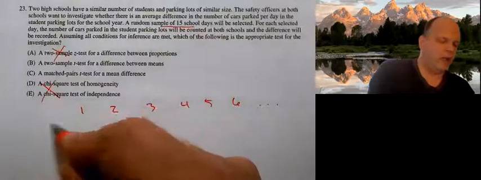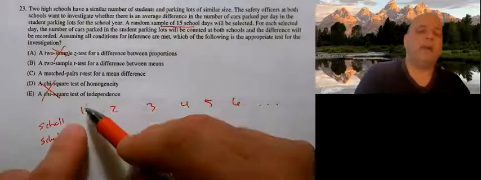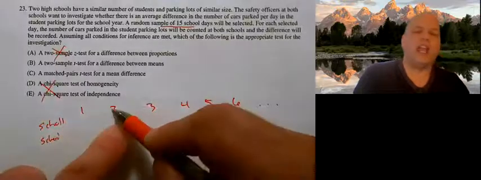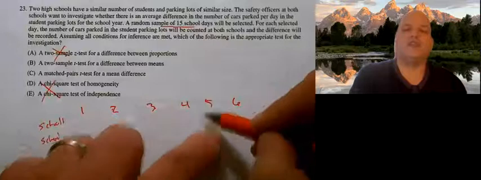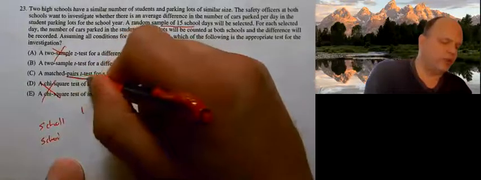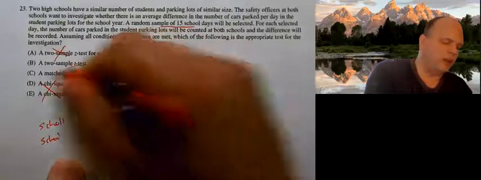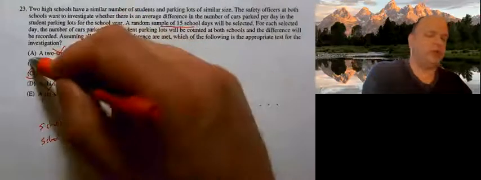And I have school 1's reading and school 2's reading. So I happen to have 2 readings for each day. And so because I have 2 readings for each day, we are actually running a paired test. And I have to admit, this is a very tricky problem.